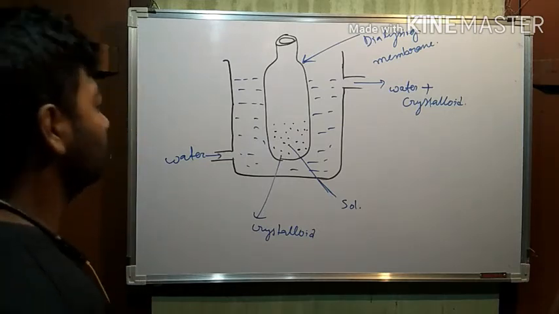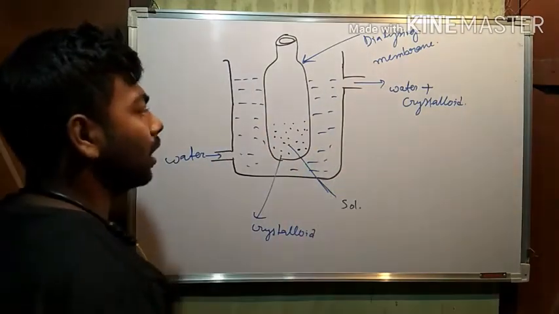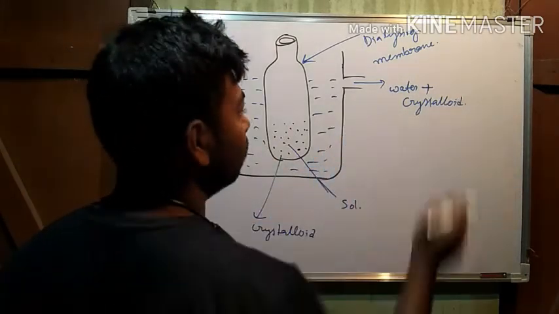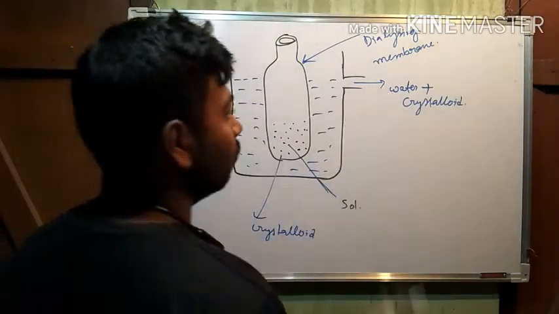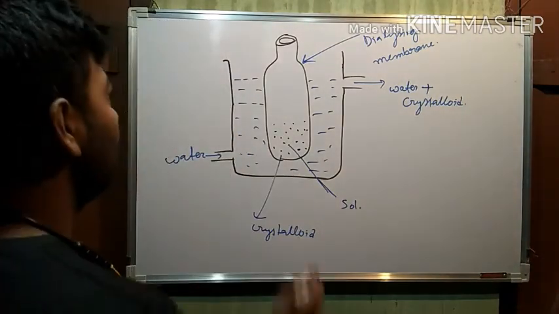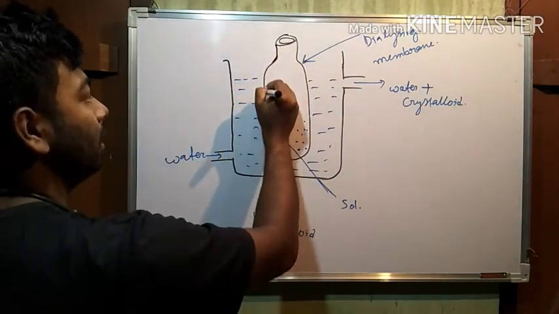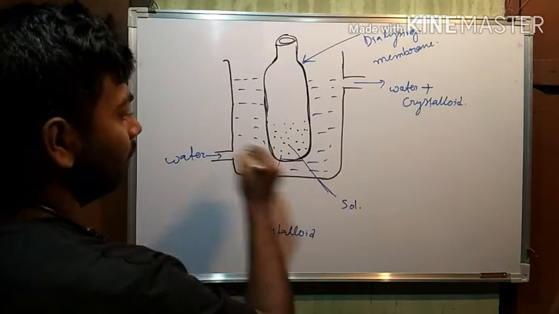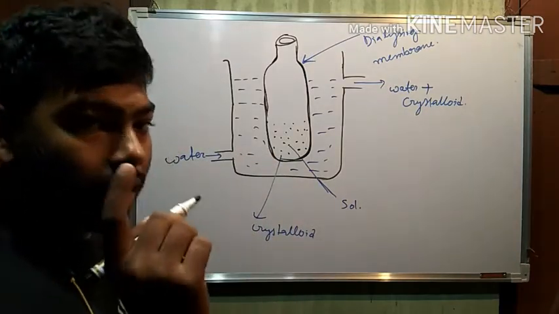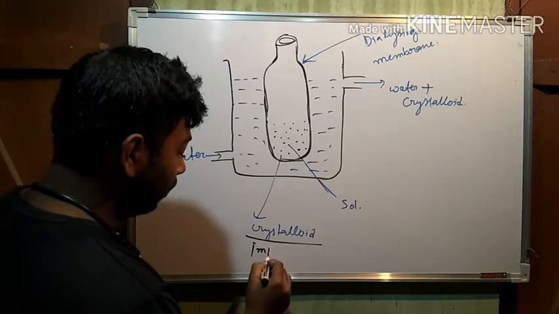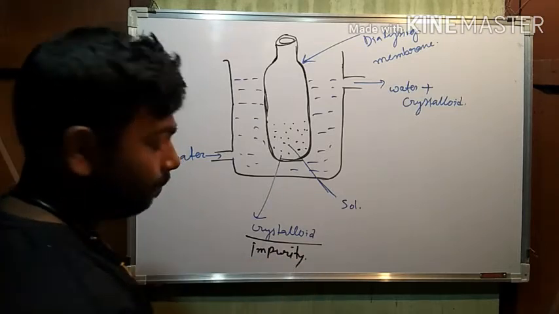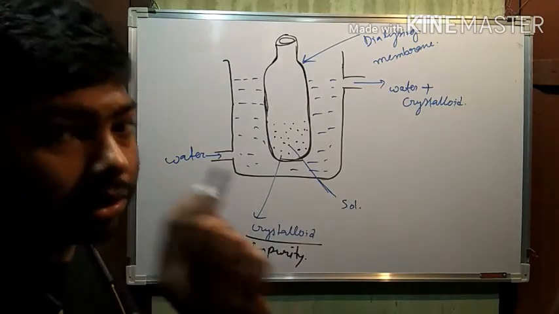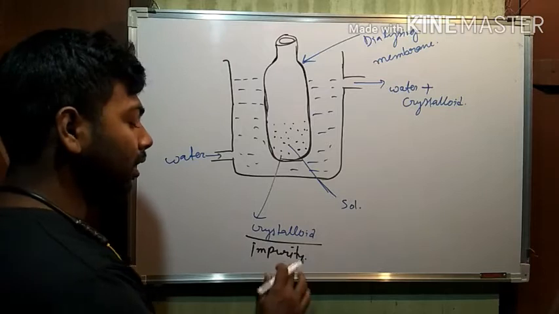Now see how. Let us take a container in which in the lower portion water is entering, and here water is removing. That means this entering and removing of water is continuously going on. Now here is a special type of membrane, that means a layer, by which only the crystalloid, that means impurity, can pass, not the colloidal particles, because colloidal particles are a little bit larger in size than the impurity.